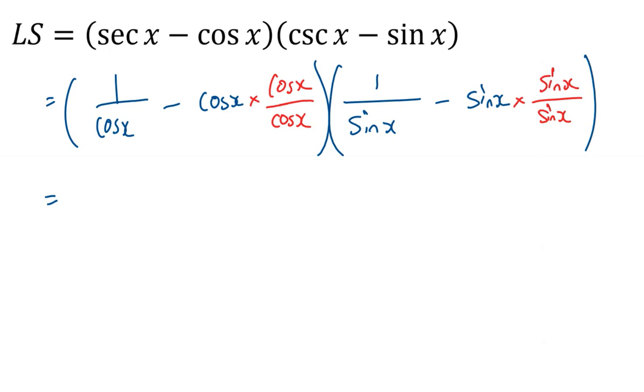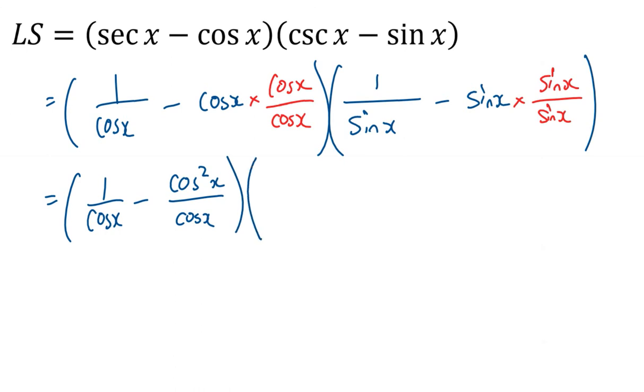So I end up with 1 over cos x minus cos squared x over cos x times 1 over sine x minus sine squared x over sine x.